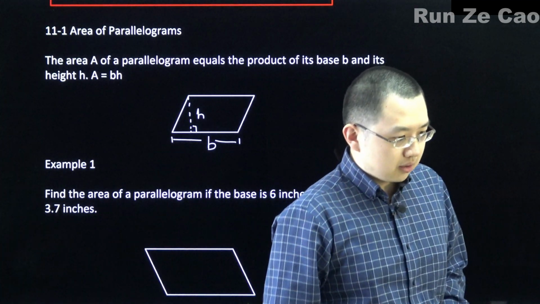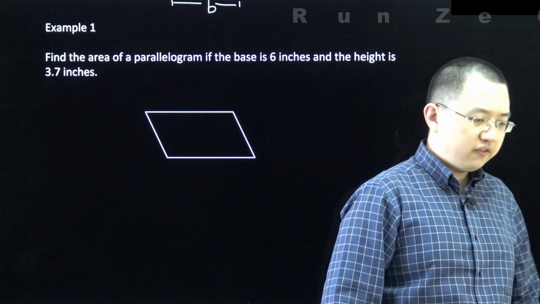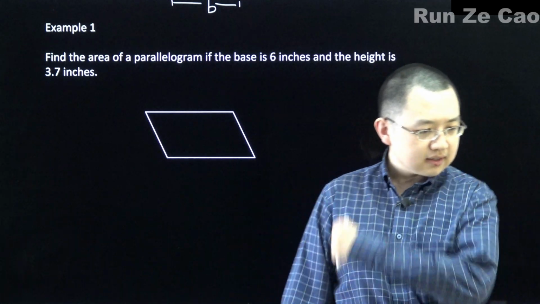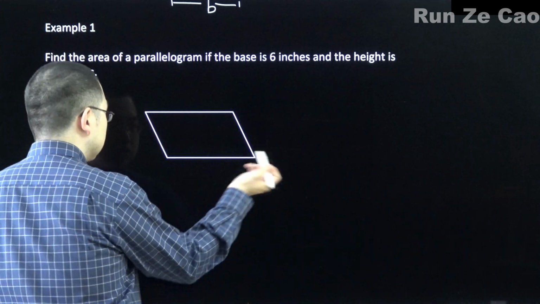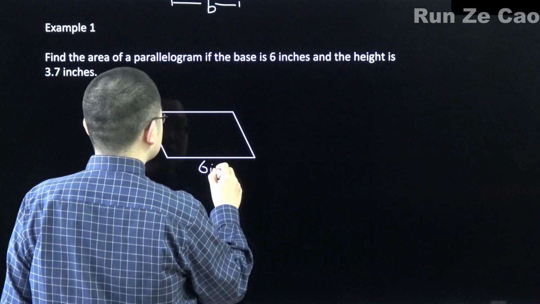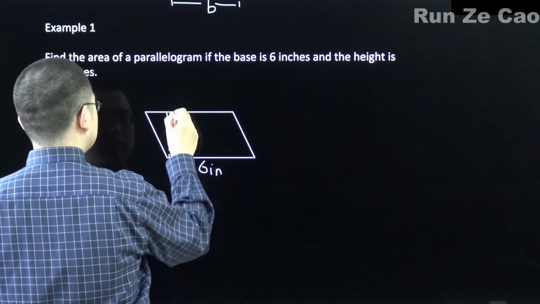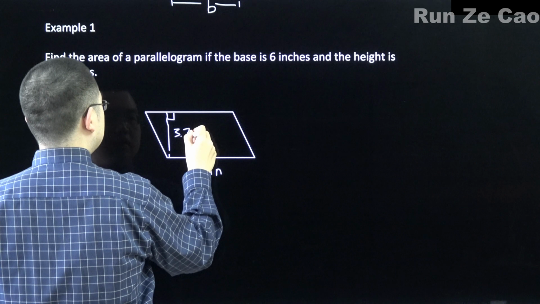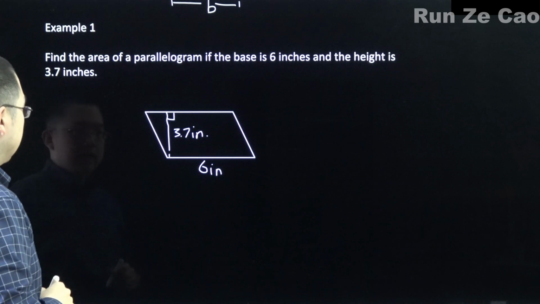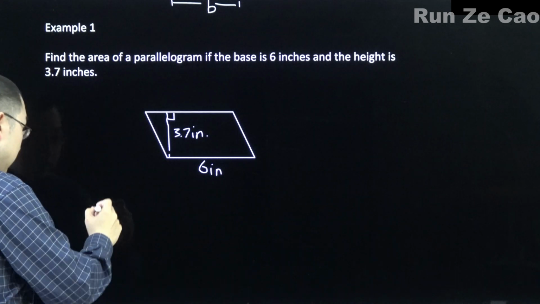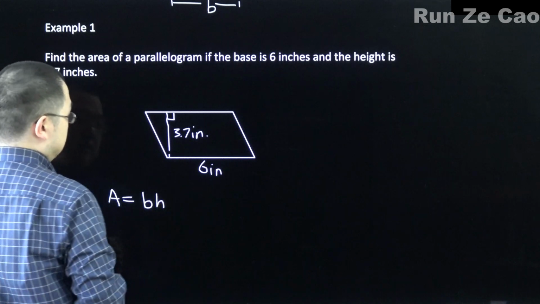Okay, so that's the height. Let's do an example. Find the area of a parallelogram if the base is 6 inches and the height is 3.7 inches. So the base is 6 inches, and the height is 3.7 inches. Well, we have area equals base times height.